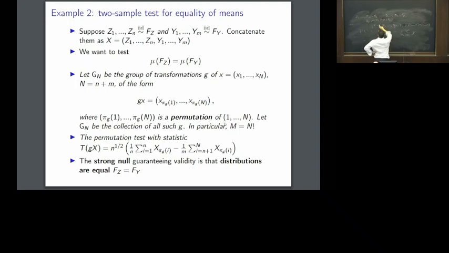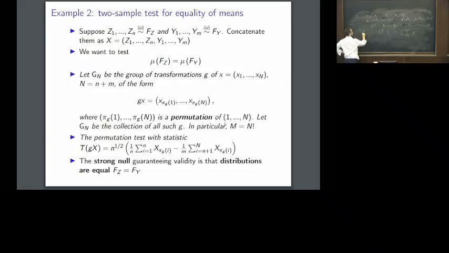So here I concatenate. I'm going to put the Z and Y in one long X vector. So that's my realized test statistic, exactly the one you thought you would use, the difference of sample means.